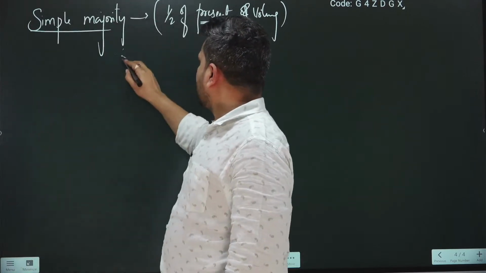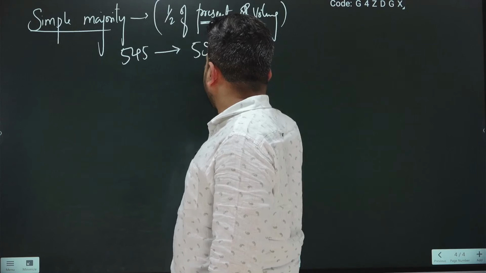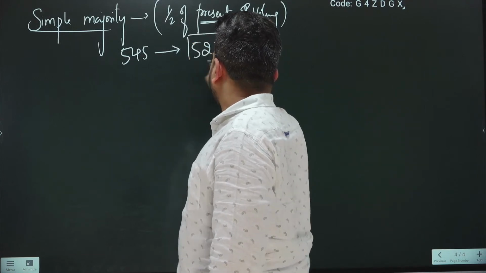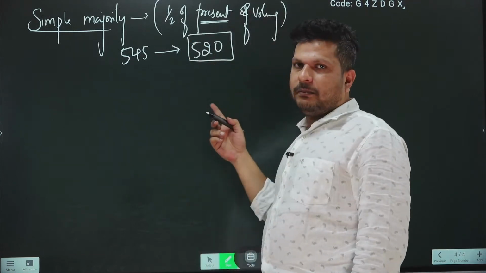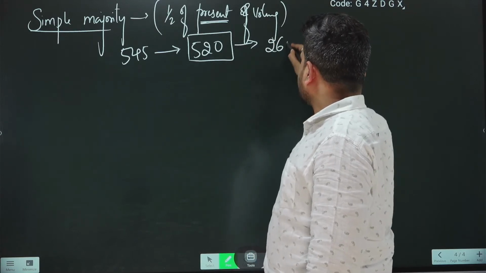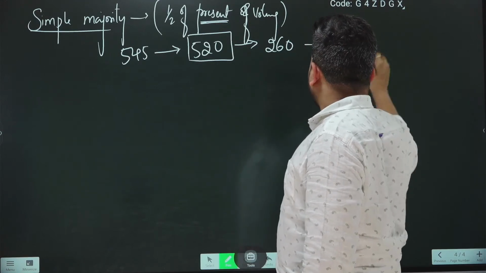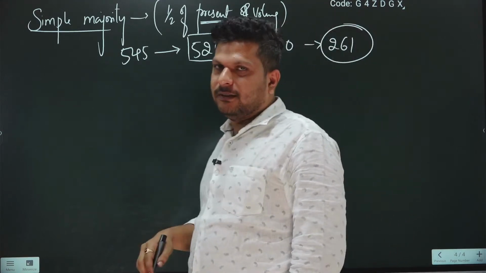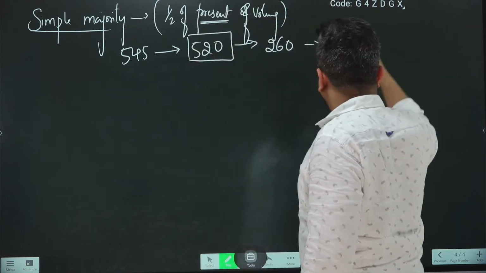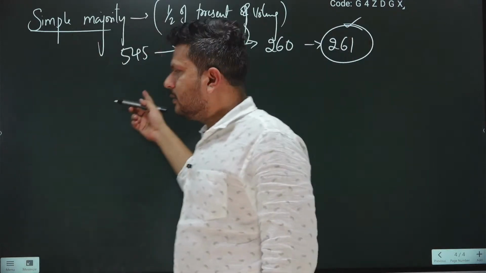Suppose out of 545 members in Lok Sabha, only 520 people are attending and present for voting. Then half of 520 will be 260. So any bill which brings changes that can be done with simple majority should get 261 votes in Lok Sabha on that day.